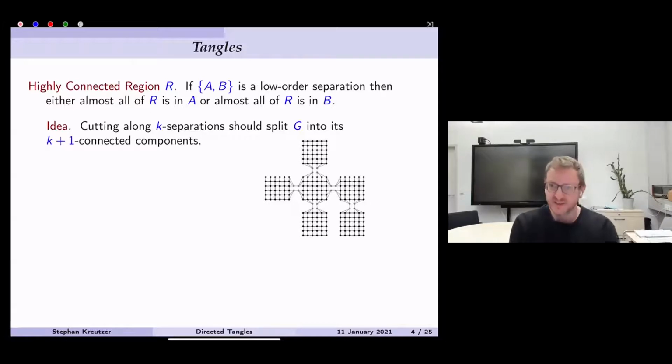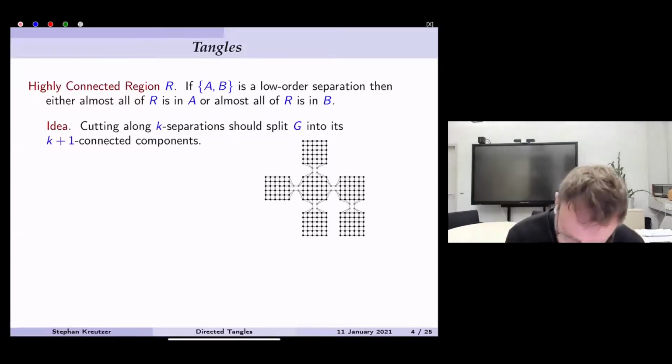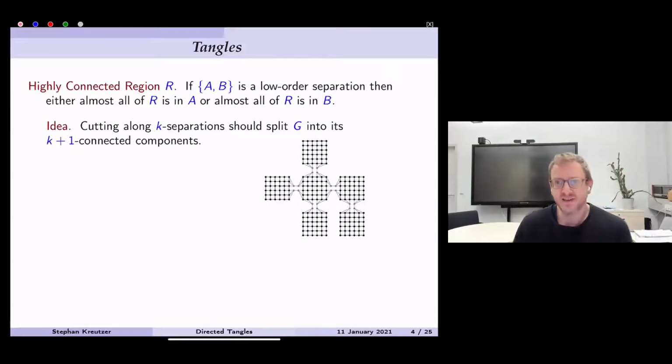And now this leads to the definition of a tangle, where we use this idea that if something is highly connected, then if you look at low order separations, the bigger part of this highly connected piece would sit on one side or the other of any separation.